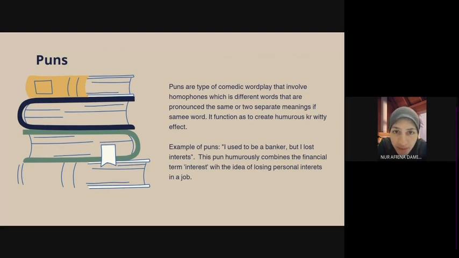This pun humorously combines the financial term interest with the idea of losing personal interest in a job. I think for our generation, people tend to call it a dad joke.